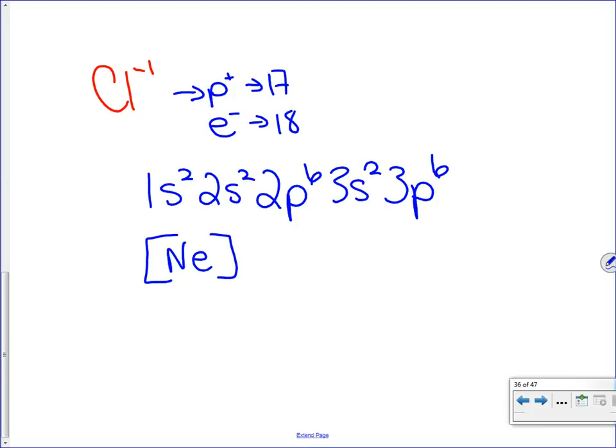Neon takes up 1s, 2s, 2p, so then I'm at 3s. So I'd write 3s squared, 3p6. Because neon takes 10 electrons, plus 2 is 12, plus 6 is 18 electrons. Okay? But what else has 18 electrons? Argon.